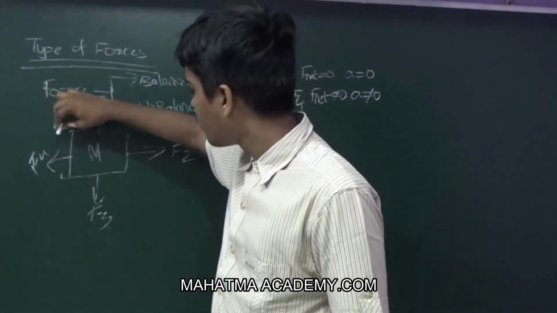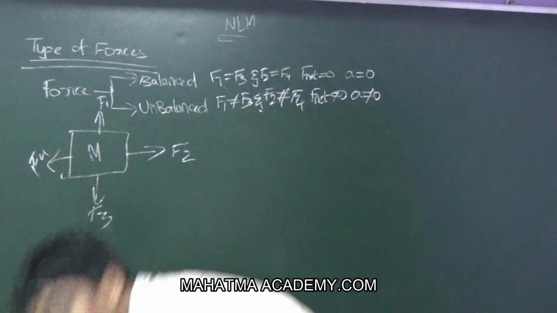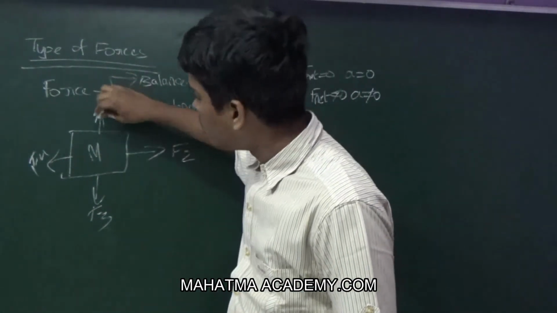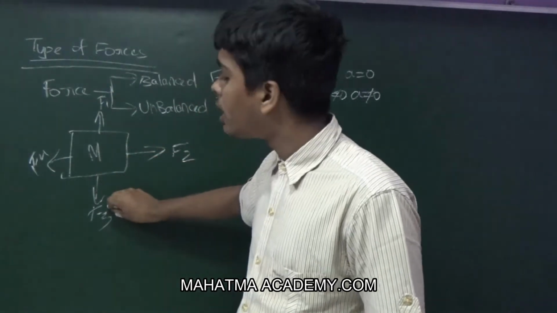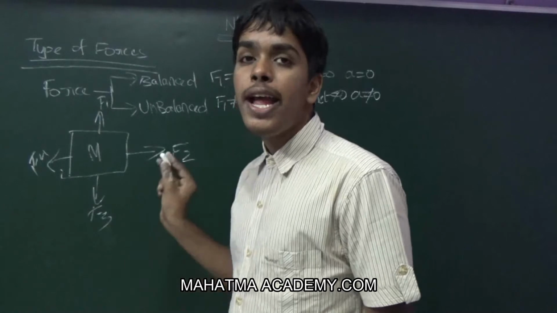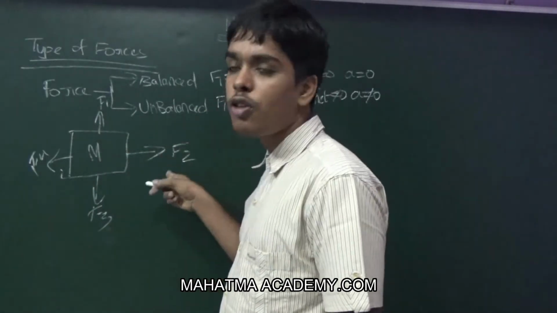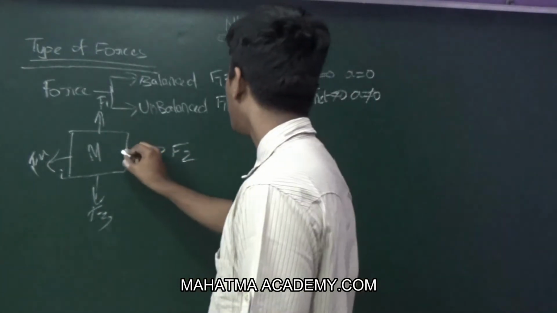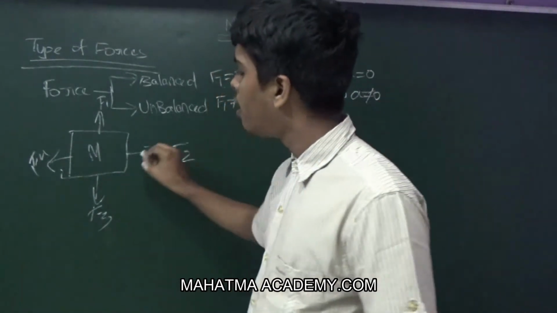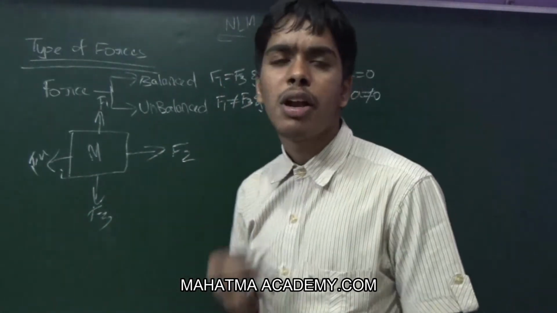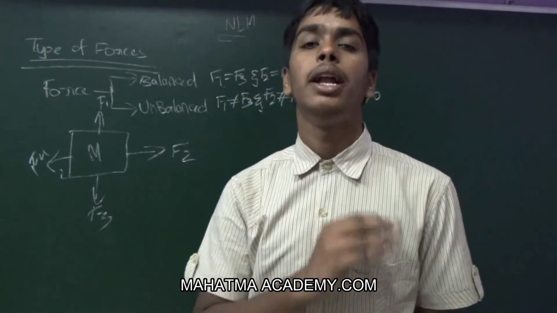For example, suppose the force is balanced on top and bottom and not balanced in F4 and F2. If the F2 force is dominant over F4, the body will move in the F2 direction, and F2 will pull the body. Now we have Lami's theorem.